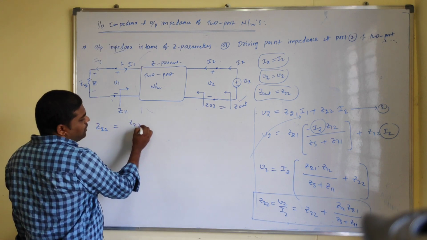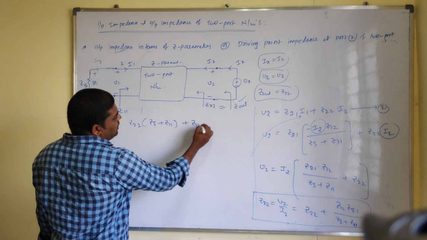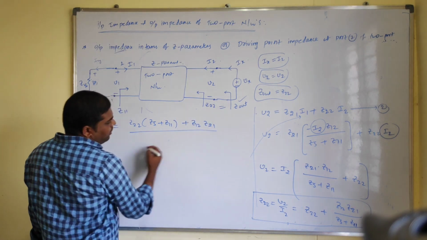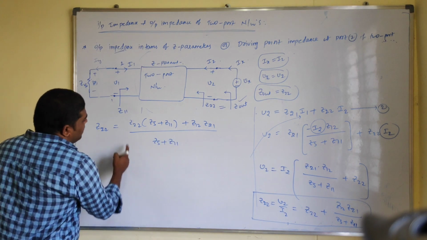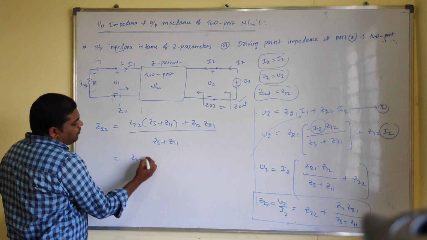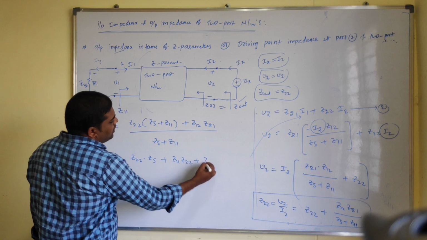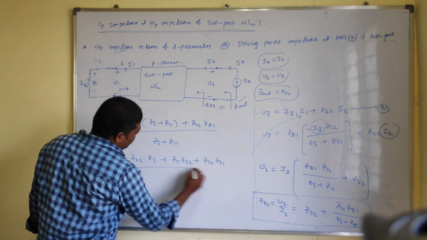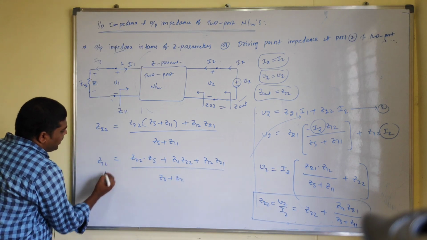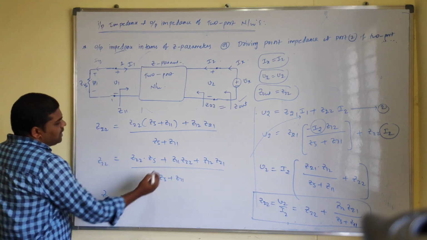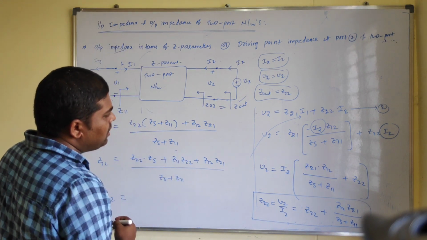That means what? You will get Z22 into Zs plus Z11 plus Z12 into Z21 by Zs plus Z11. Now you will get Z22 into Zs plus Z11, Z22 plus Z12 and Z21 by Zs plus Z11. This is Z22. Okay. Now what you will get? This entire thing equals to, is there any negative sign? Oh, sorry.